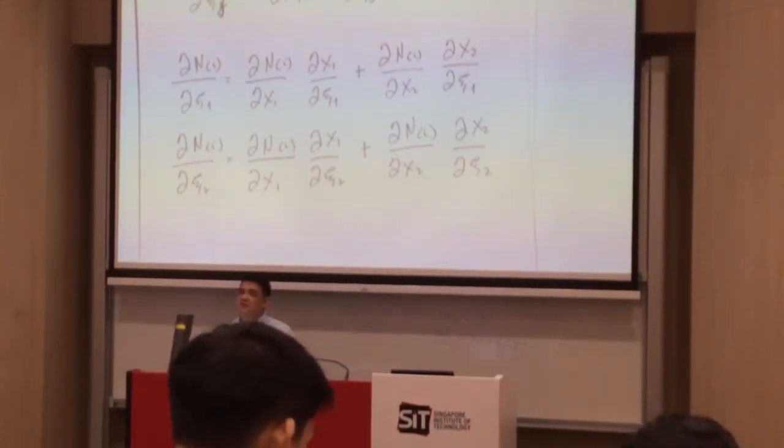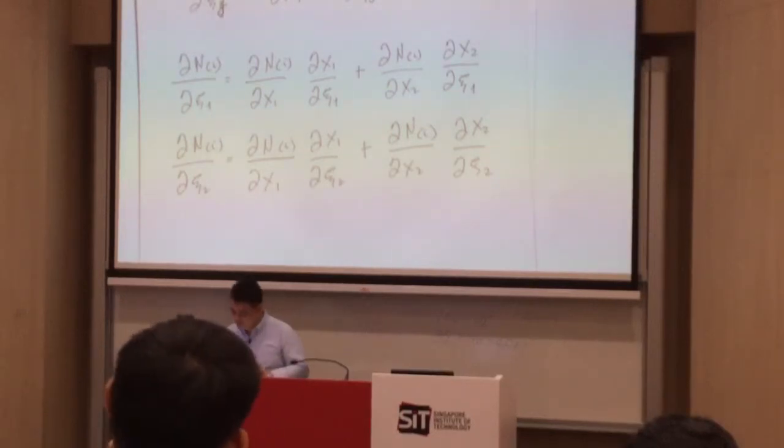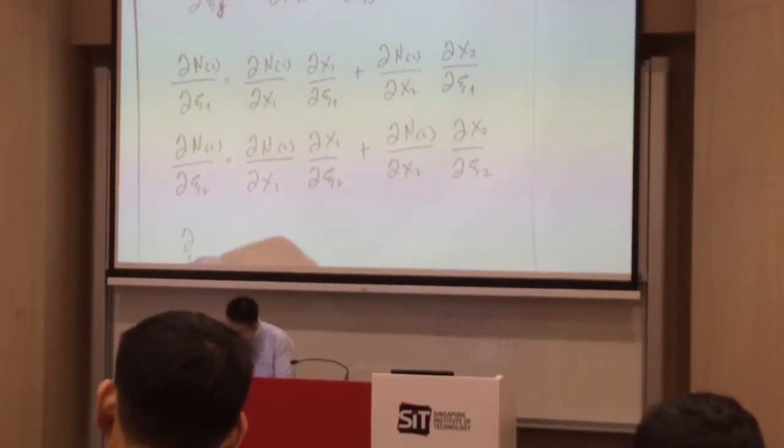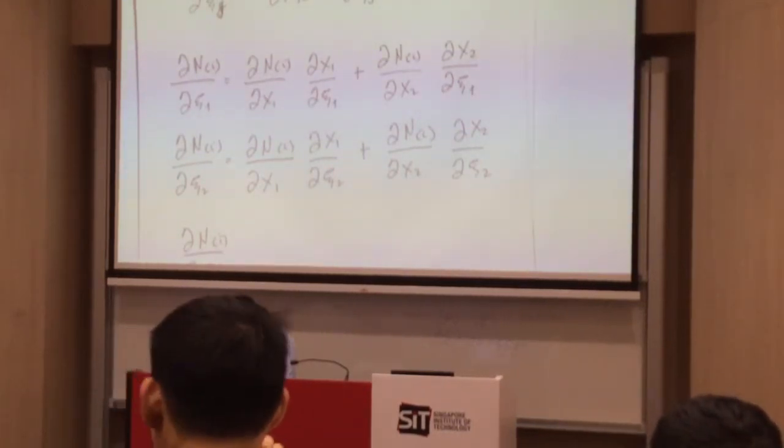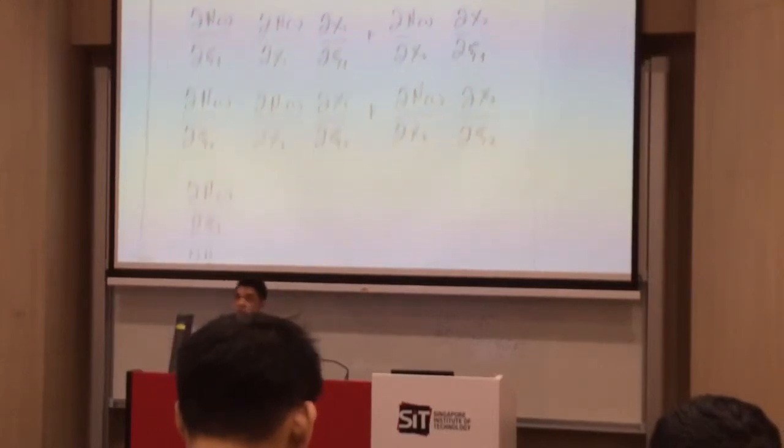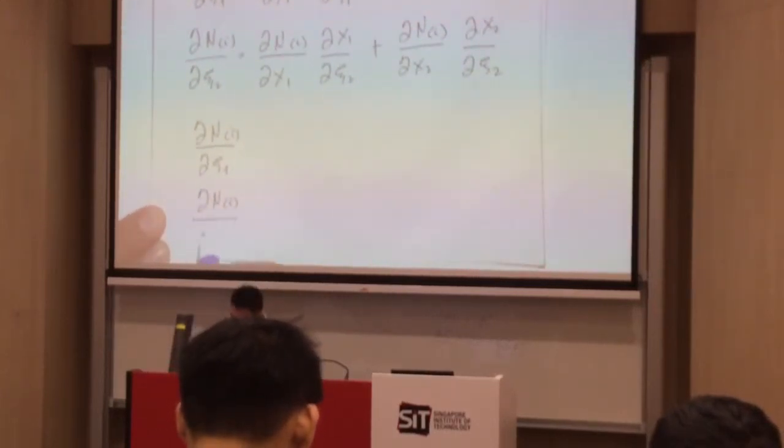Yes, so let's write it in a matrix form. How do we do that? So we have now this one to be the partial of Ni with respect to c1, the partial of Ni with respect to c2.